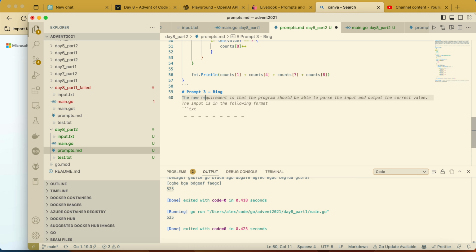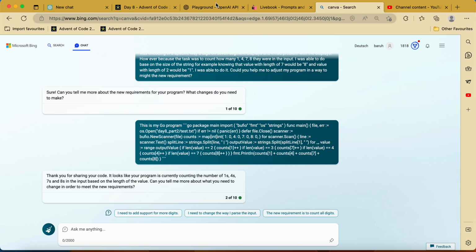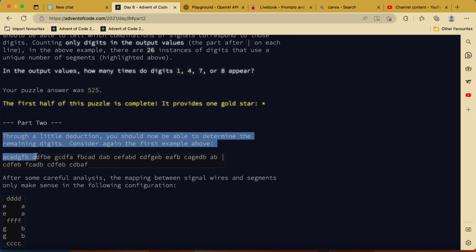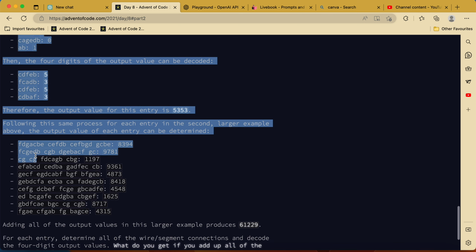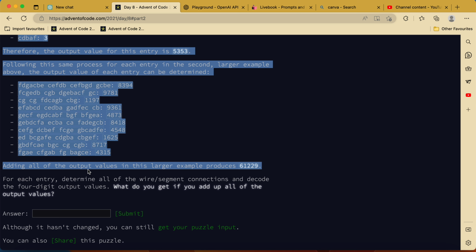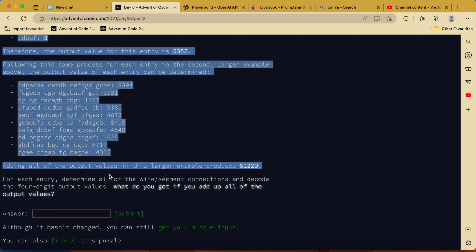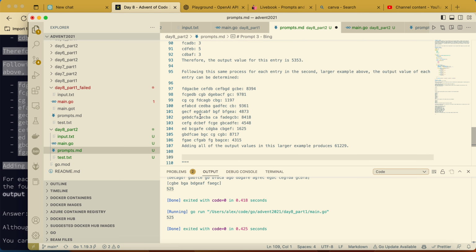The new requirements are as follows, and here we have this part from here, which is actually this example. Let's see if that would fit.